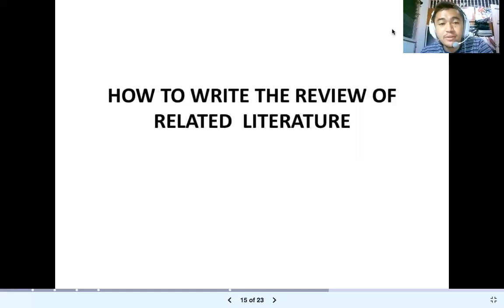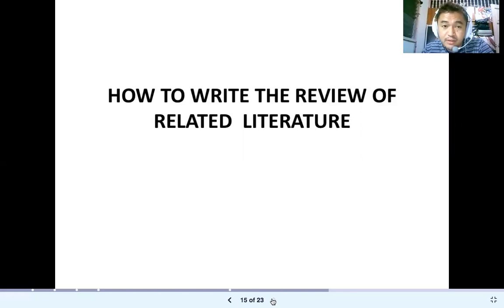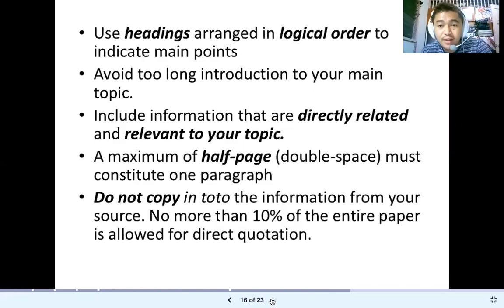Now, how do you write your review of related literature? This is very important. Use headings arranged in logical order to indicate the main points. When you put the information into your RRL, you have to include headings, which means the topic sentence or the main topic of that discussion.